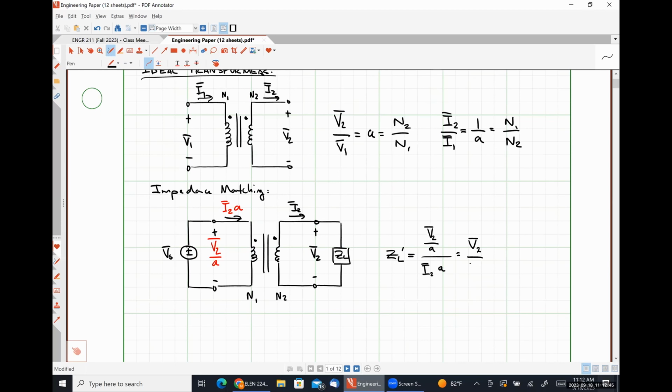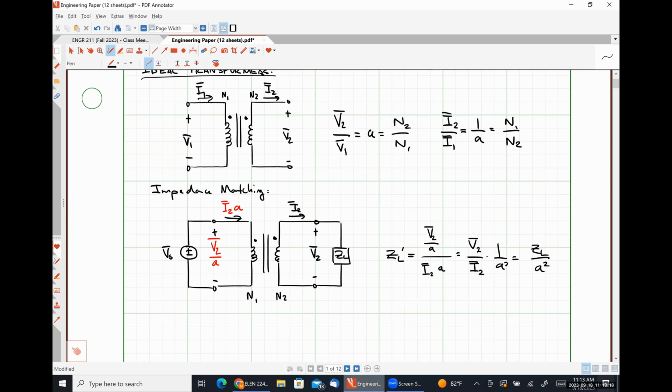V2 divided by I2 times a factor of 1 over A squared. V2 divided by I2 is simply the load impedance connected to our secondary, so ZL divided by a factor of A squared. So this is what the impedance from the secondary reflected to the primary looks like, okay?